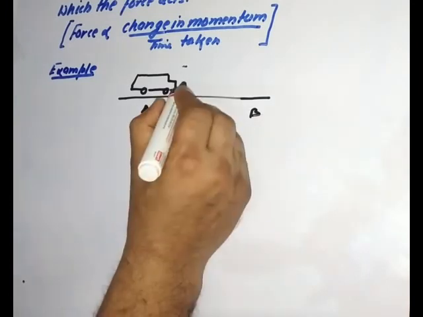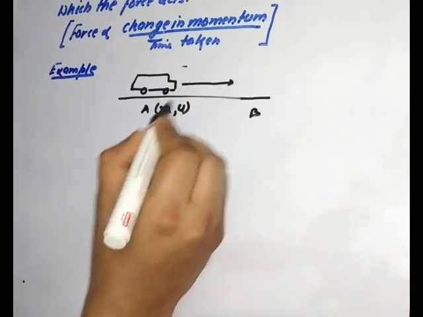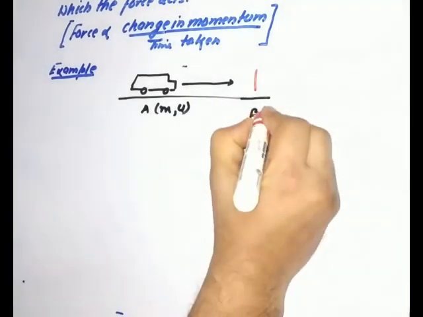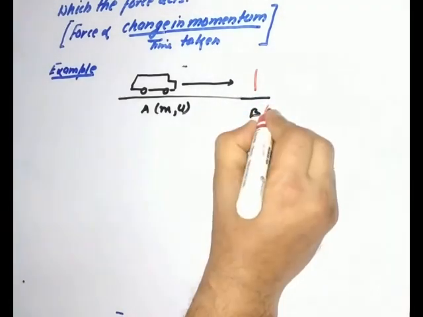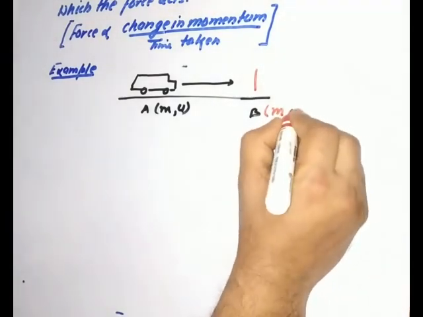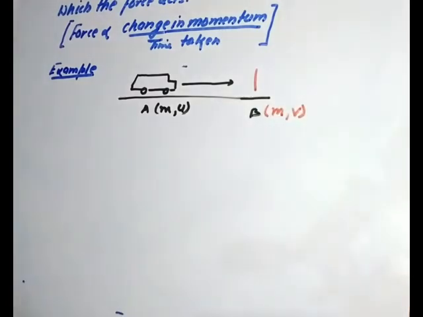After some time, when it reaches position B, the mass is constant, so it remains m, and the velocity attained by the bus is v.